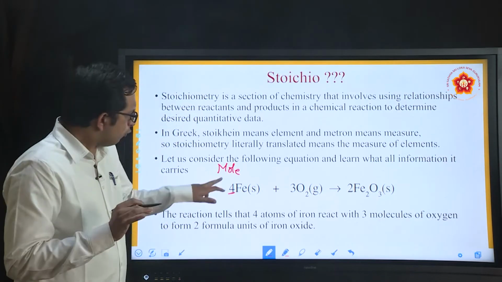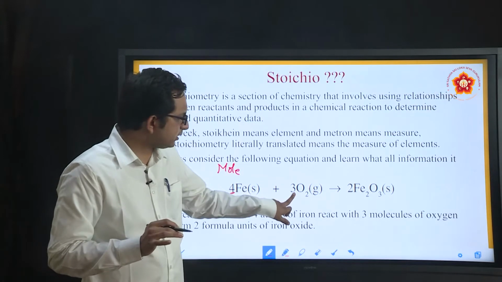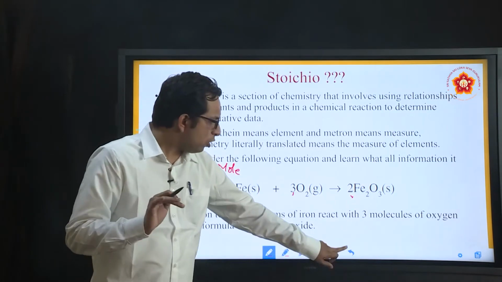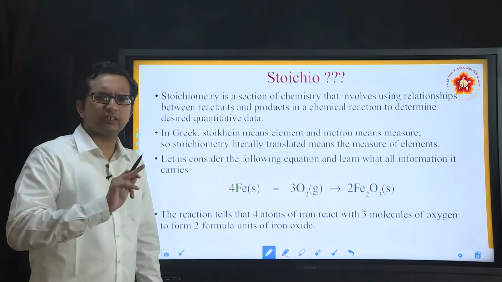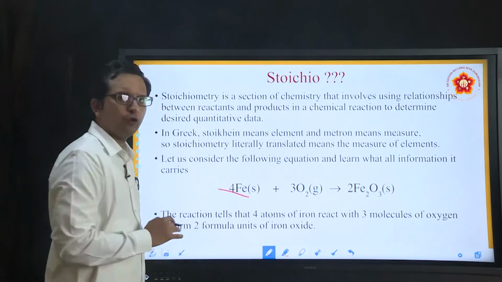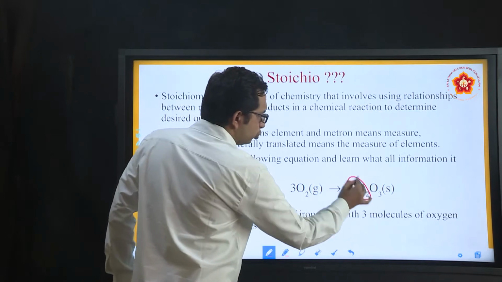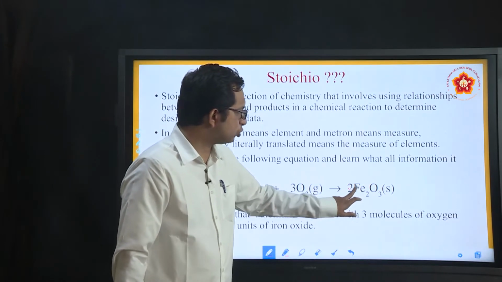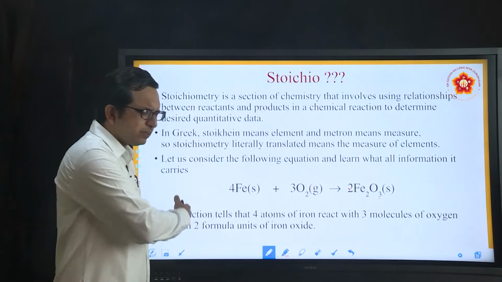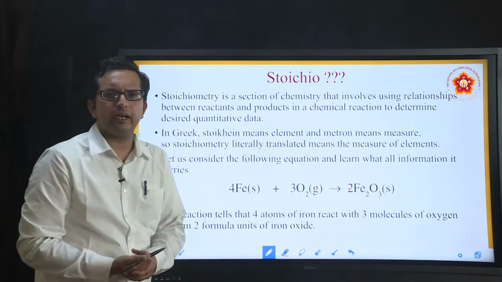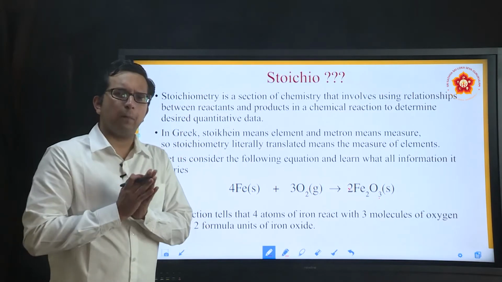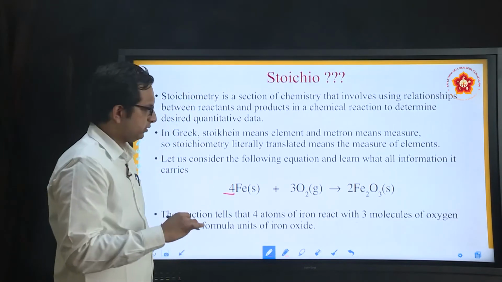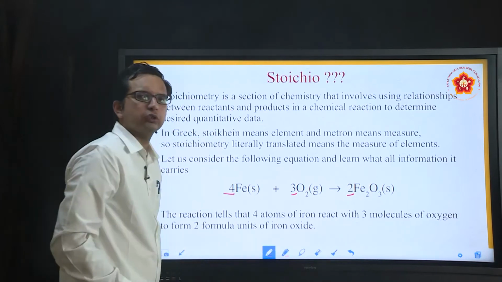It indicates that 4 moles of iron react with 3 moles of oxygen to give 2 moles of iron oxide. Whenever you write a reaction, balancing it is very important. You can see that in total there are 4 iron atoms on each side, Fe2 twice. For oxygen, 3 into 2 is 6, whereas here also it is 2 into 3, which is equivalent to 6. Whenever there is equality on the left hand side and right hand side, the reaction is balanced. The overall composition is: 4 moles of iron react with 3 moles of oxygen to give 2 moles of iron oxide.